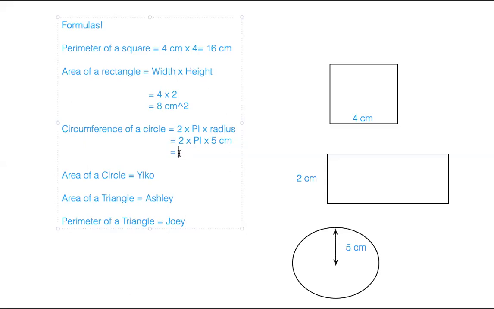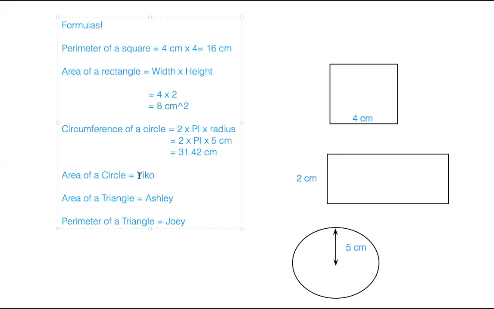The value? 31.42 cm. Okay, is it cm or cm squared? Cm. Squared is for area, not length. Perimeter is only cm. Only area will be cm squared. Okay?